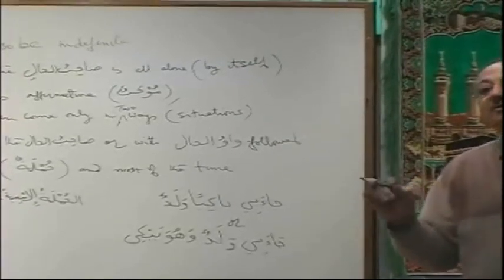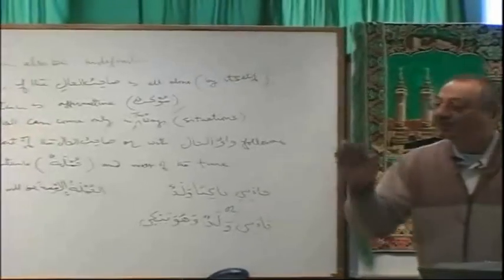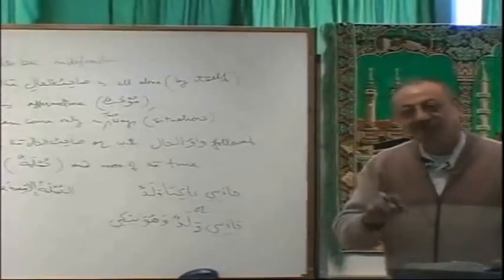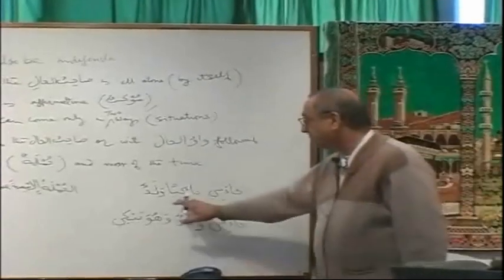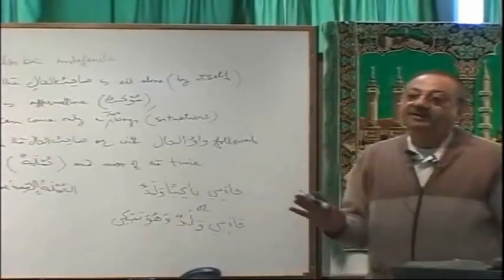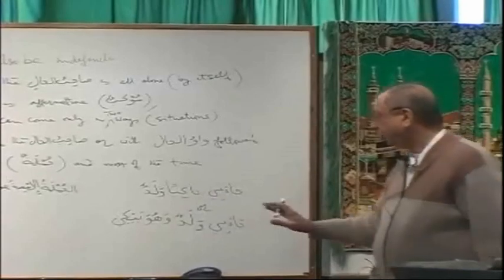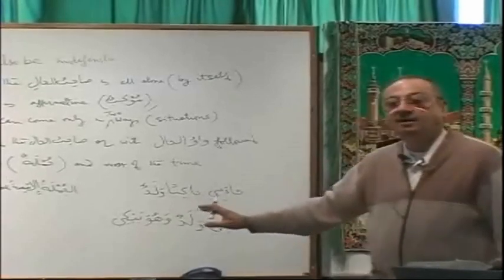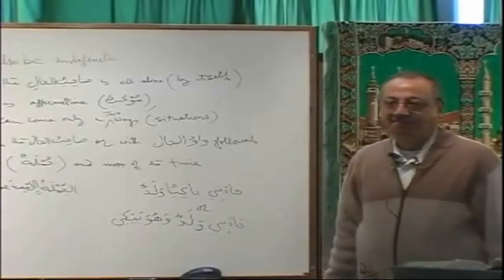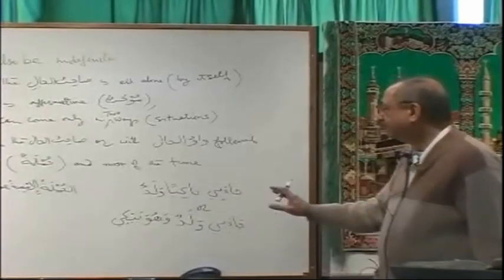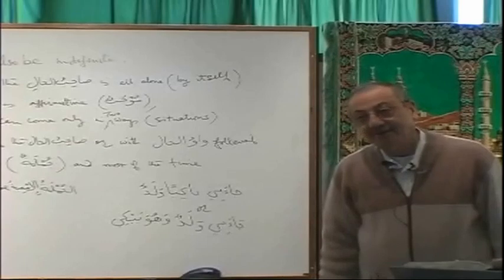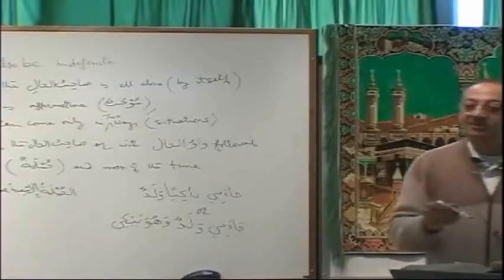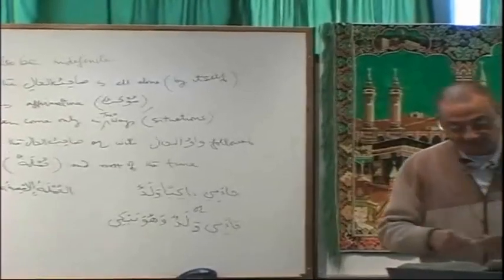If the waladun is mudaf, then the hal will come after it, which is normal. But hal has to come in front if the waladun is all by itself. Or we can have the hal with waw al-hal, and the jumla has to be affirmative.